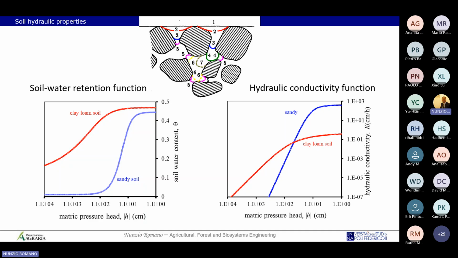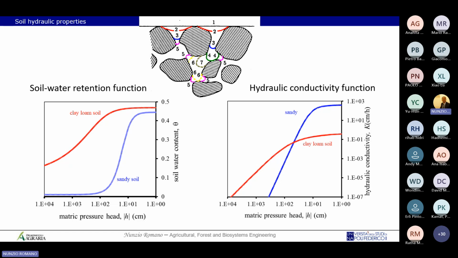On the right, you have the corresponding hydraulic conductivity function, and again, the pattern of sandy soil is the blue line, whereas the red line is the typical hydraulic conductivity of a fine textured soil.